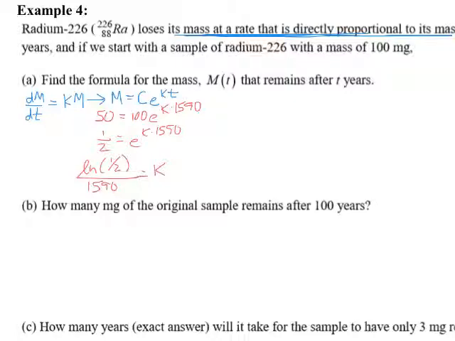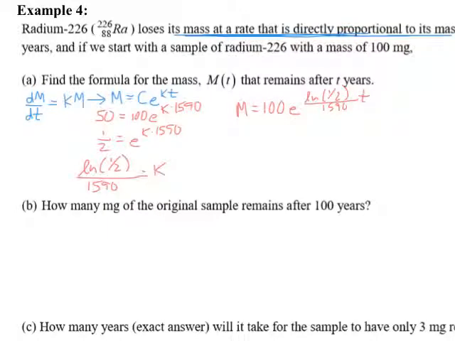Which means our equation, if we write it out, for 100 milligrams would be 100 e to the ln of 1/2 divided by 1590 times our variable of t.